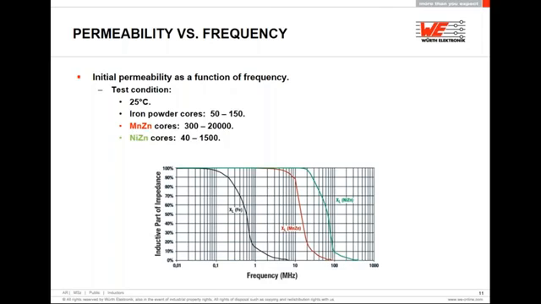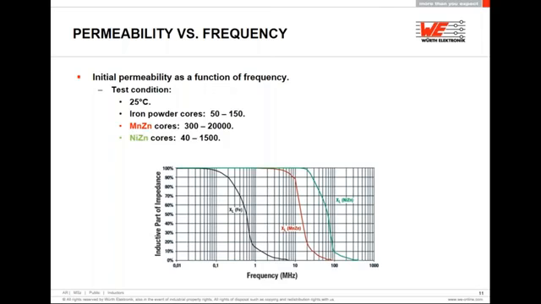If we keep increasing this value, the core material is no longer effective above approximately 1 gigahertz and beyond. So this graph basically demonstrates why nickel zinc ferrites are predominant in the EMC field. The core material can perform an effective filter function in the frequency range of the greatest interest.